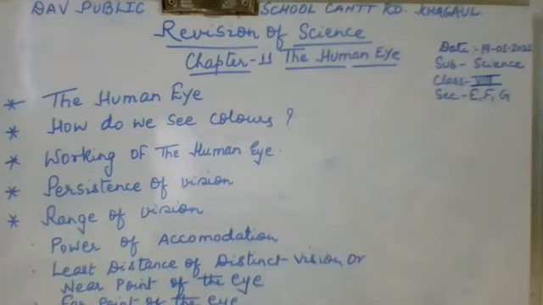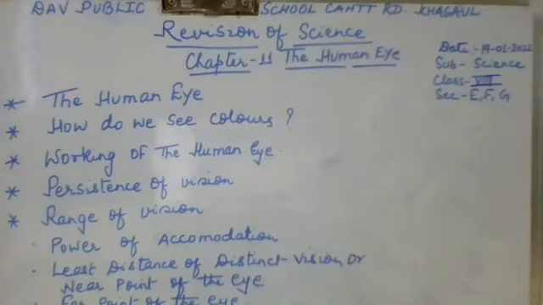A special ability of the eye, in which the ciliary muscles of the eye change the focal length of the eye lens to focus distant as well as nearby objects clearly on the retina, is called the power of accommodation.